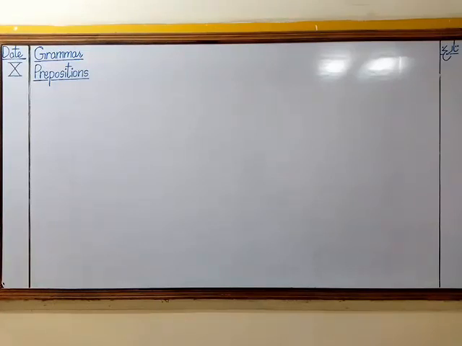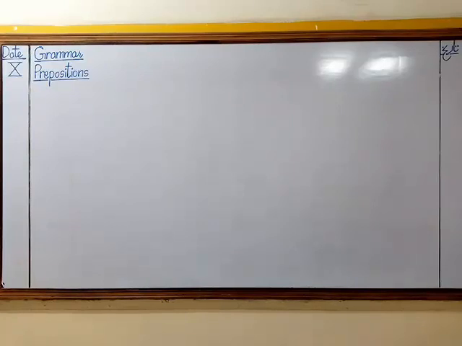So there are 9 parts of speech in the English language: noun, pronoun, adjective, verb, adverb, preposition, conjunction, interjection and articles. These are the 9 parts of speech in modern English. Previously there were 8 parts of speech excluding articles, but now they have included articles. So out of these 9 parts of speech, we have one part, that is prepositions.